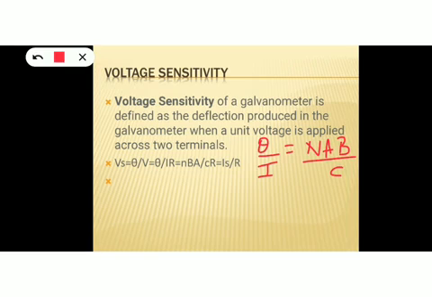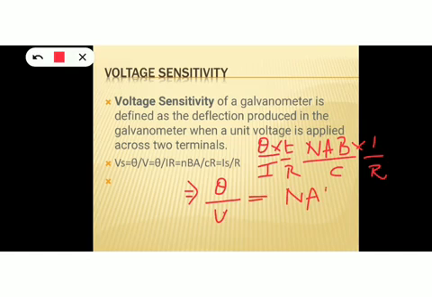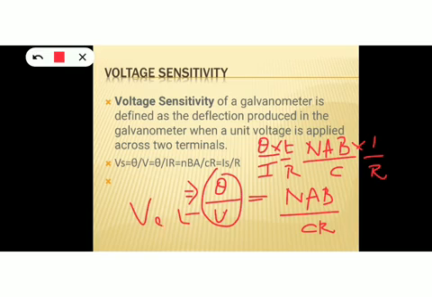Now multiply both sides by 1 by R. So you will get theta by IR. By Ohm's law, IR is the potential drop V, equal to NAB by C into R. And this theta by V is the deflection per unit voltage, so the theta by V ratio itself is our voltage sensitivity.